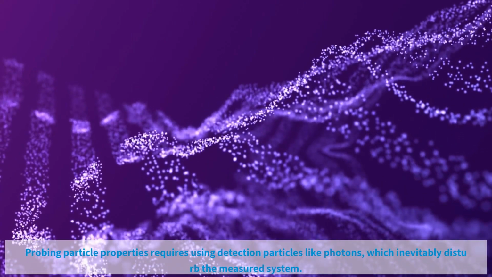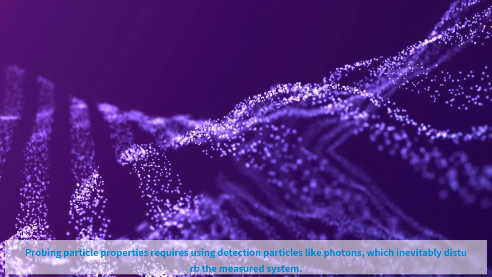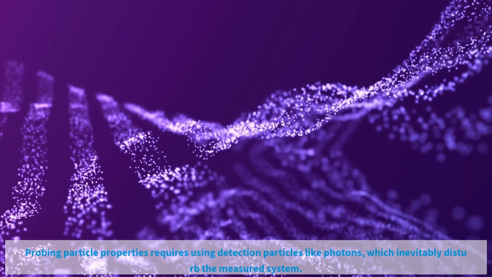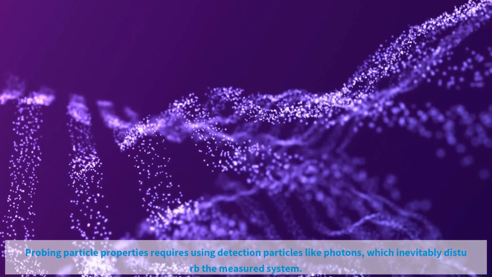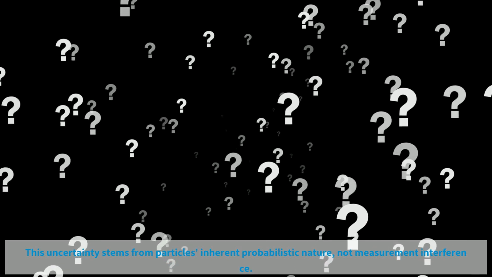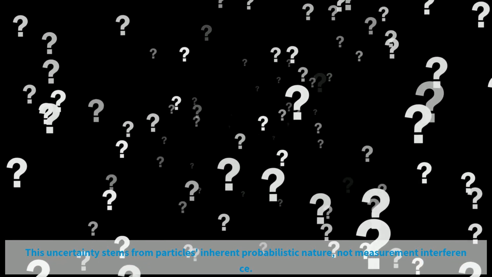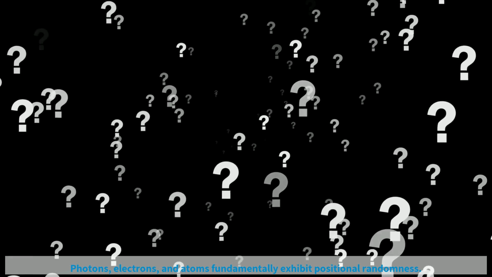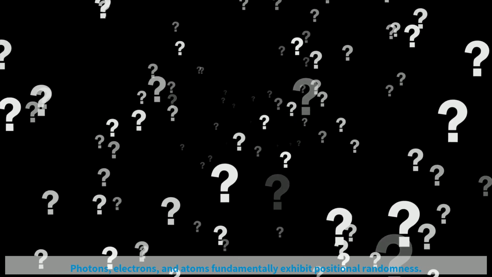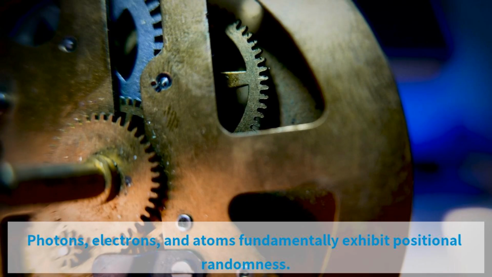Probing particle properties requires using detection particles like photons, which inevitably disturb the measured system. This uncertainty stems from particles' inherent probabilistic nature, not measurement interference. Photons, electrons, and atoms fundamentally exhibit inherent randomness.